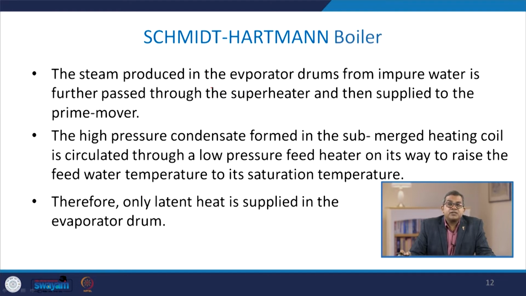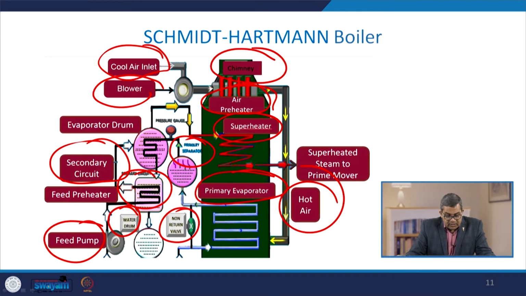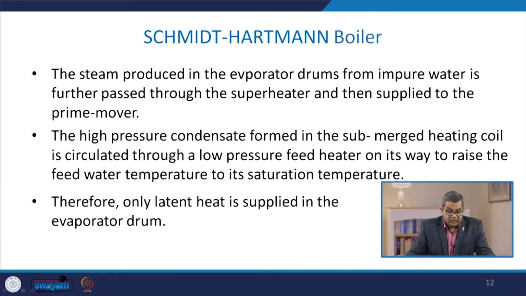So, the steam produced in the evaporator drum from impure water is further passed through the superheater and then supplied to the prime mover, as you can see in this particular figure. The high pressure condensate formed in the submerged heating coils is circulated through a low pressure feed heater on its way to raise the feed water temperature to its saturation temperature.